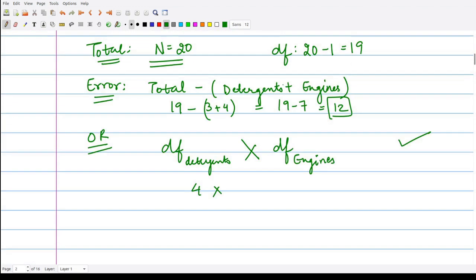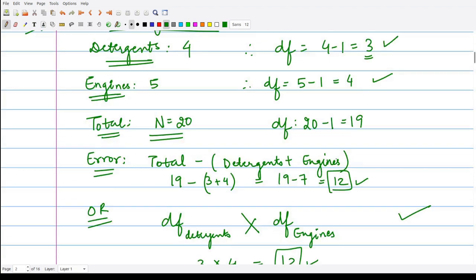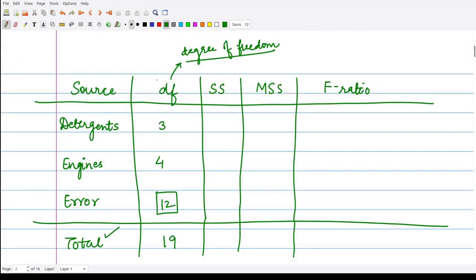So we have 3 into 4, that is also equal to 12. So by either method you can calculate this degree of freedom. So this is how we obtain our first column, the degrees of freedom. Next step is to calculate sum of squares.